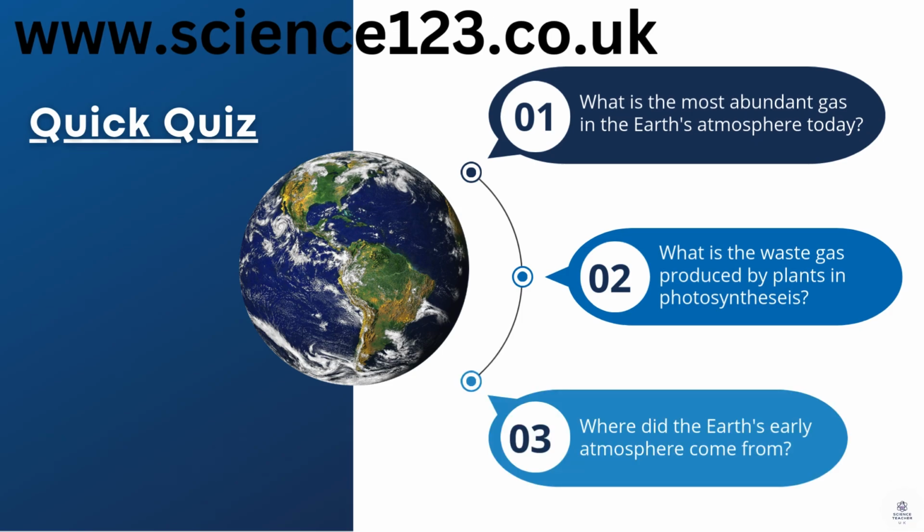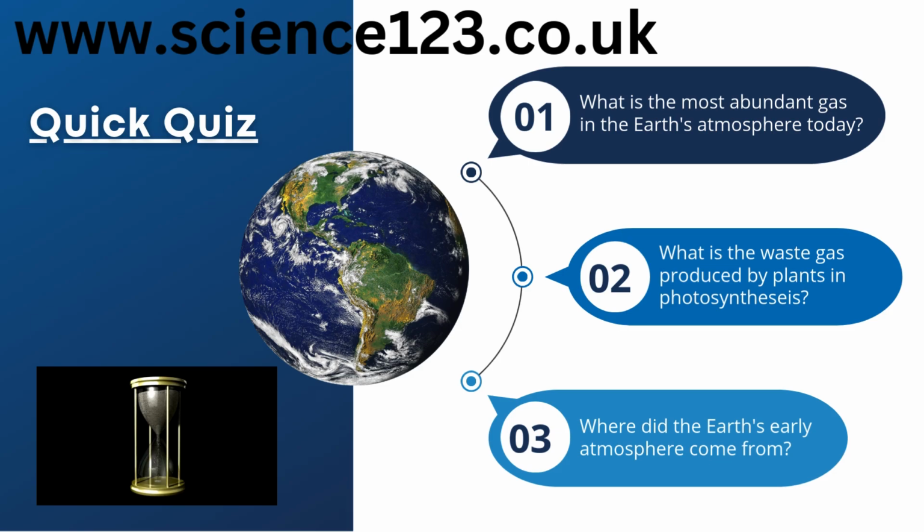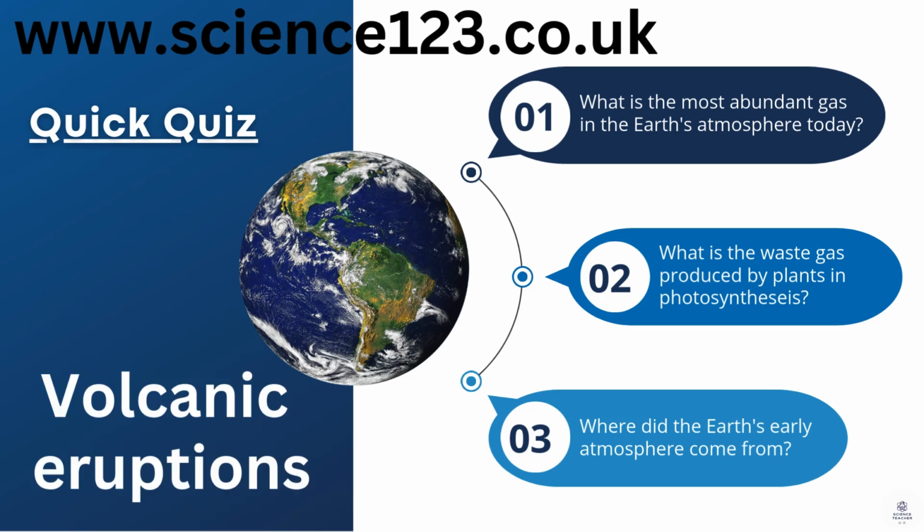Question 3. Where did the Earth's early atmosphere come from? The Earth's early atmosphere came from volcanic eruptions. The Earth formed approximately 4.6 billion years ago, and scientists cannot be certain about what gases made up the Earth's early atmosphere.